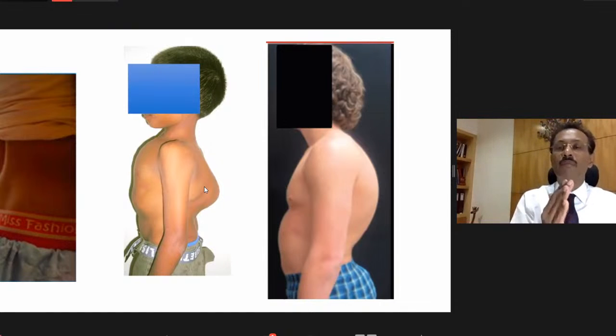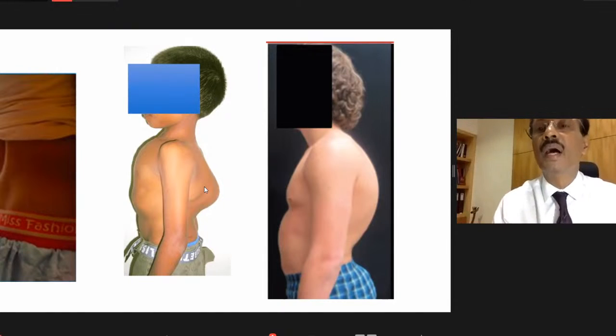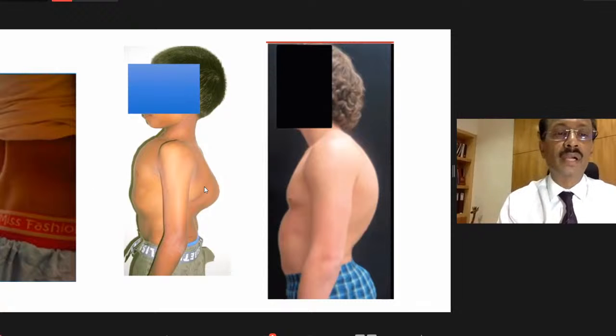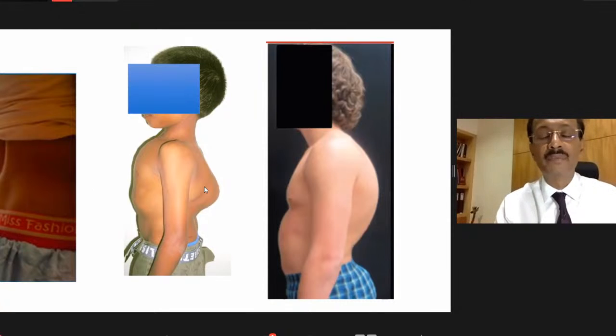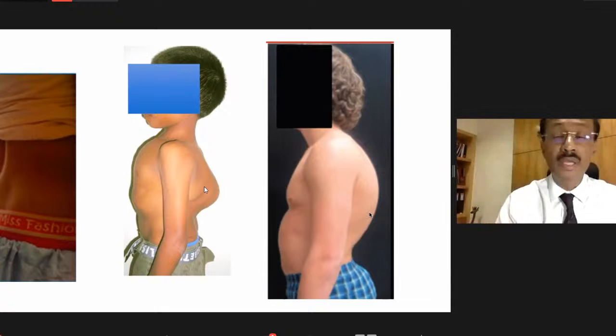It can happen in osteoporotic collapse of multiple vertebrae, or Schuermann's kyphosis is the classic example. So here is a knuckle deformity on the left side. There is an angular kyphosis in the middle, and you get a globular kyphosis of Schuermann's kyphosis on your right side. So these are the 3 classic examples.